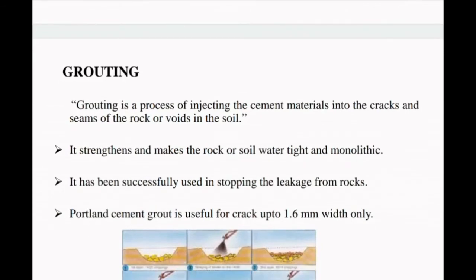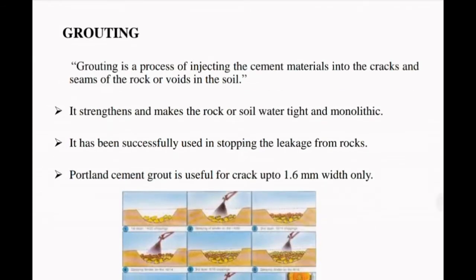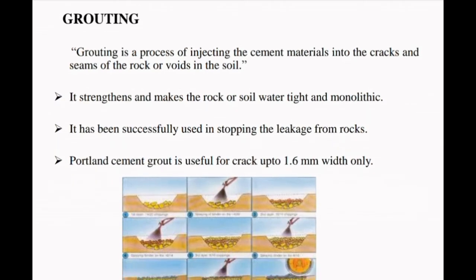And next one is grouting. It's nothing but the injection of cement materials into the cracks, thereby filling the voids in the soil. So it's a process of injecting the cement materials into the cracks and seams of the rocks or voids in the soil.